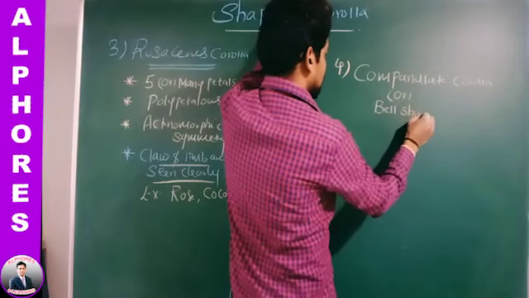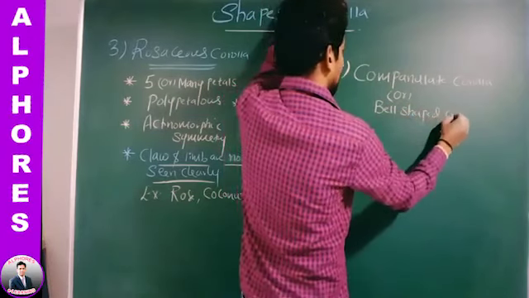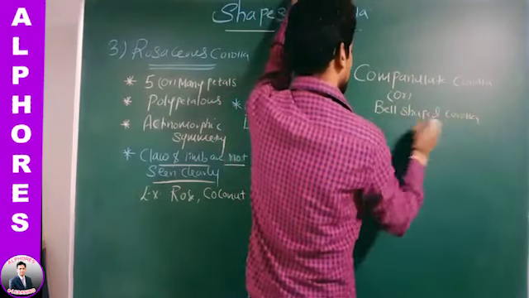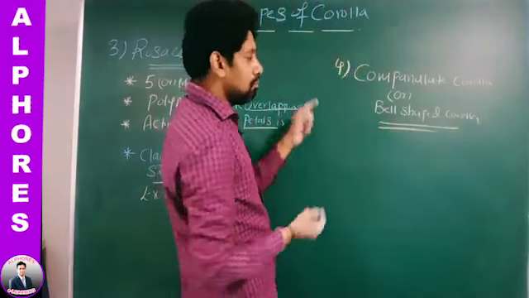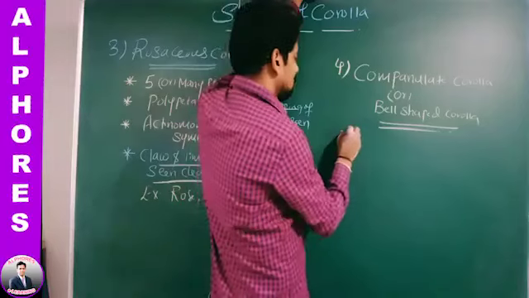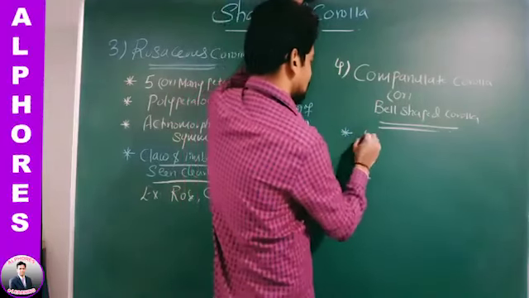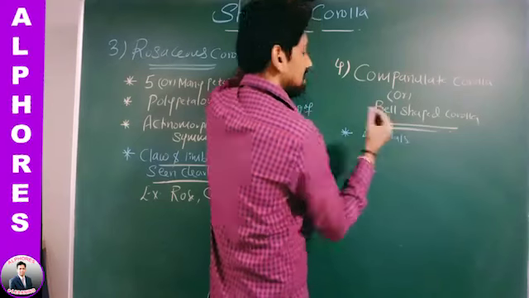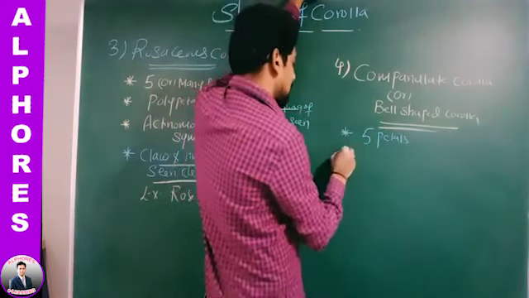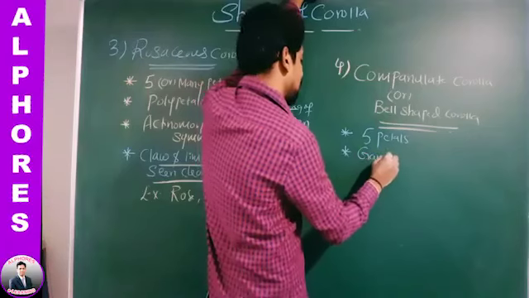Here the corolla has 5 petals, but these 5 petals are fused. Therefore, gamopetalous.